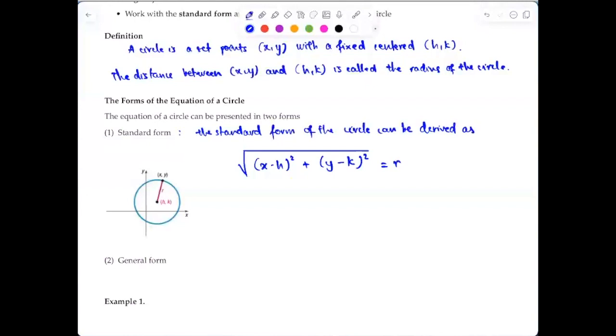All right, now I'm going to square both sides of this equation, and I get x minus h squared plus y minus k squared equal to r squared. And this is the equation of the circle in standard form.